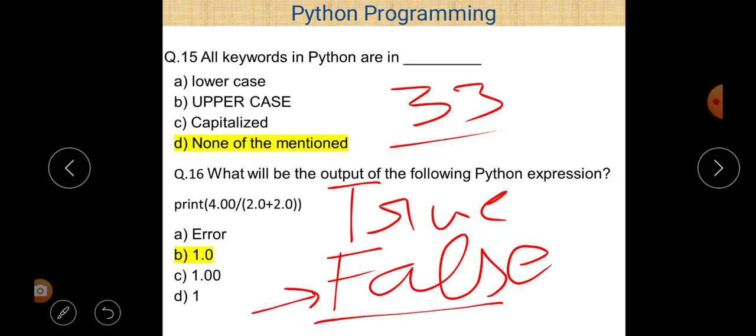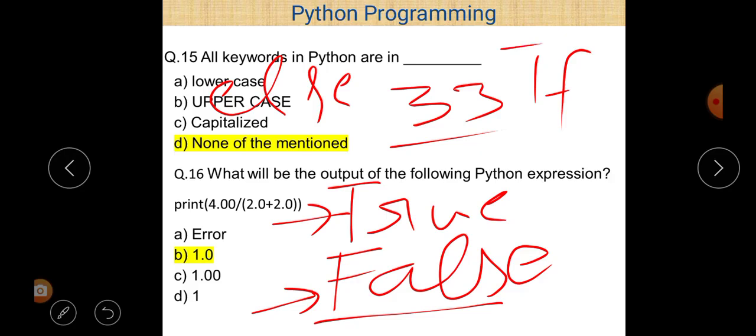As far as the others are concerned, like if, else, all of them are in lowercase letters.